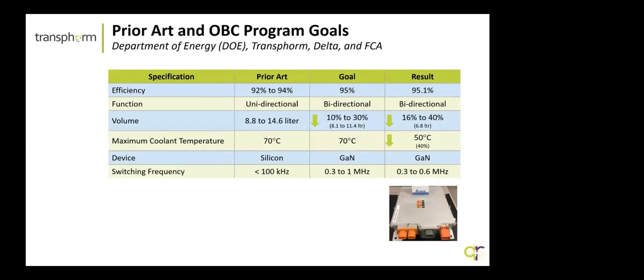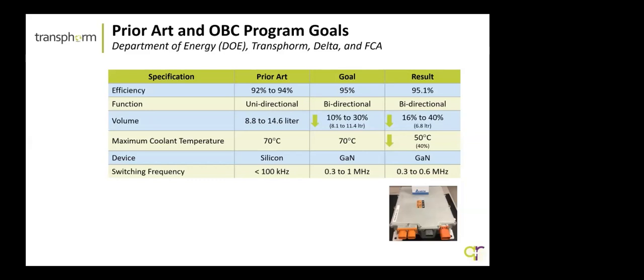The goal here was to hit 95%, but not only that, also to go from a unidirectional to a bidirectional solution. So you can not only charge the high voltage battery, but you can also use that high voltage battery to run instruments or appliances on the outside. And this resulted in a 95.1% efficiency result, bidirectional, and also decreased the size of it, because that's what GaN offers.